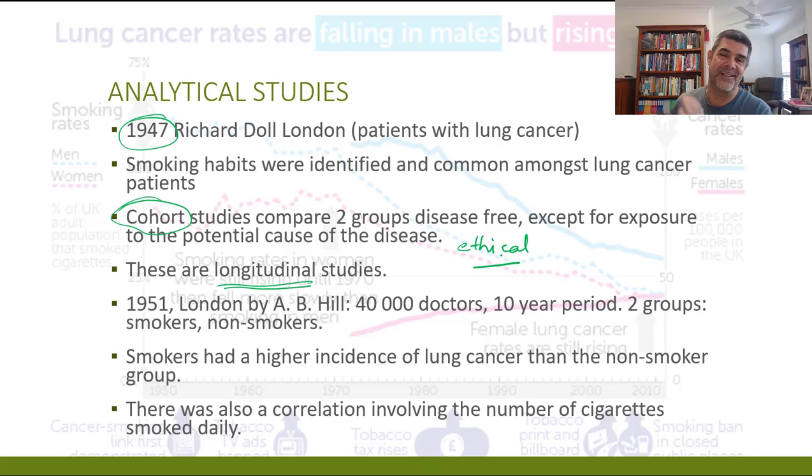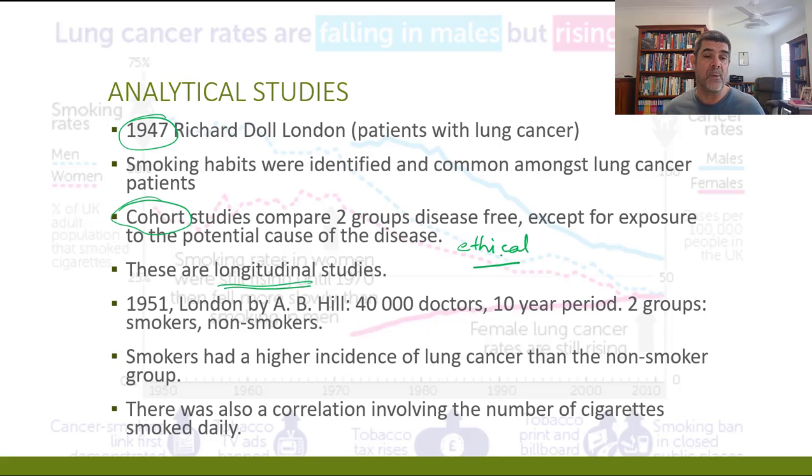There's an ethical concern with doing things like that, so we don't do that. But of their free choice, if they choose to do so, then what we can do perhaps is have a look at how these groups of people change over time.